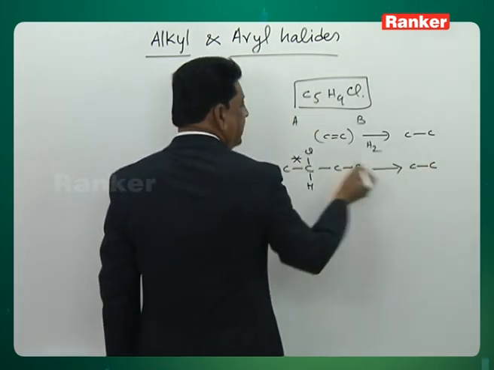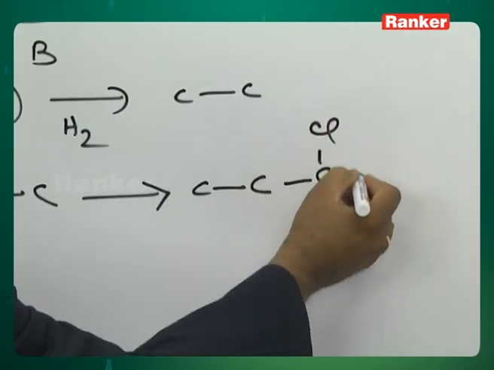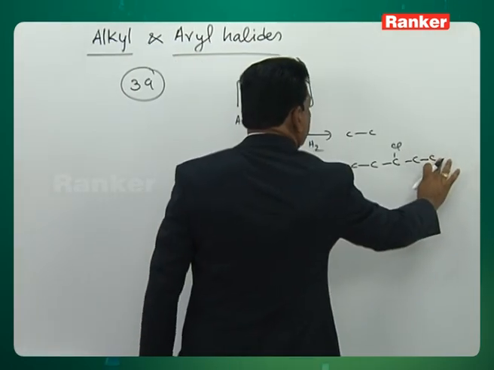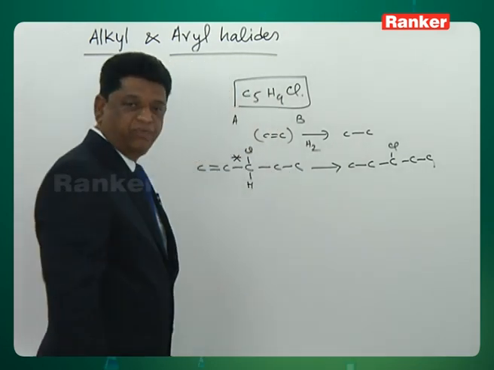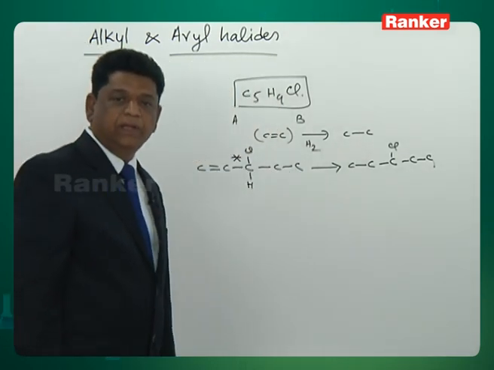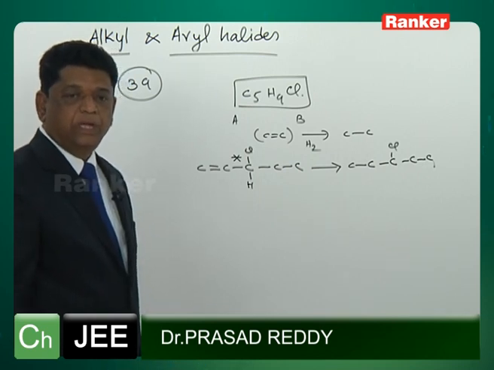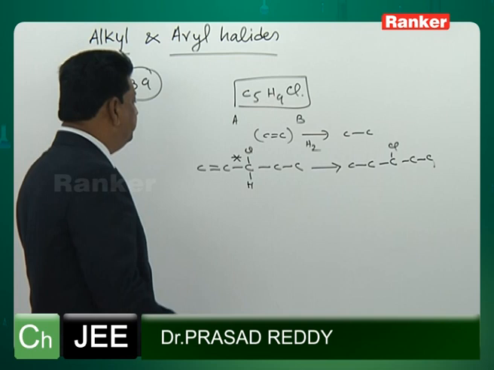That is, both sides ethyl will come now. So for the compound which is optically inactive, the answer is formed. A gives optically inactive compound. So A must be this one.